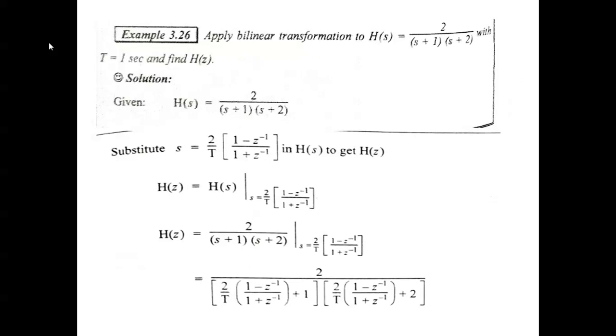So apply the bilinear transformation. Here the example: H(s) = 2 divided by (s+1)(s+2), with T equal to 1 second, and find H(z). So H(s) = 2/((s+1)(s+2)). Substitute s = 2/T (1 - z inverse)/(1 + z inverse) in H(s) to get the digital form.